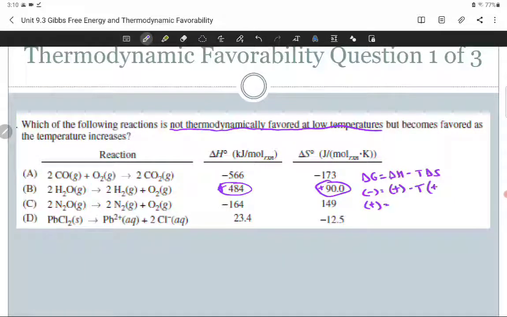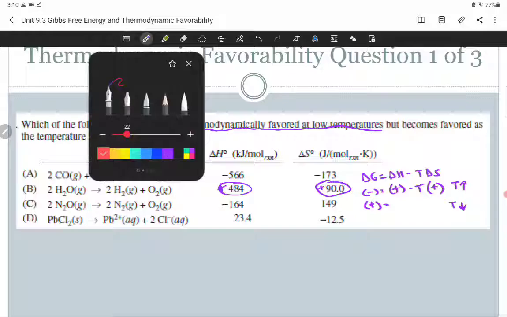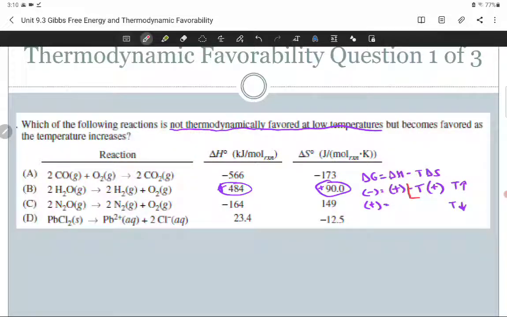So if the temperature is high, it's going to be negative. If the temperature is low, it's going to be positive. Okay, so it is answer B.